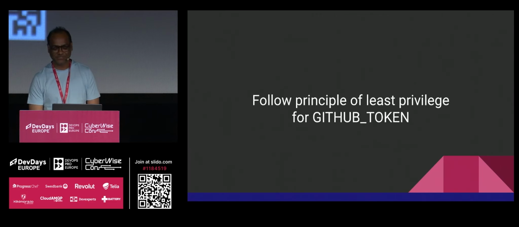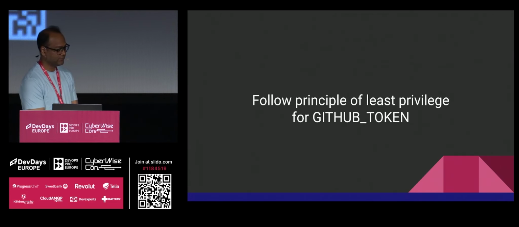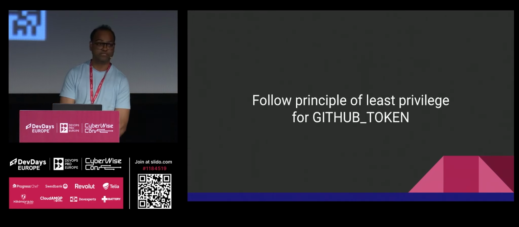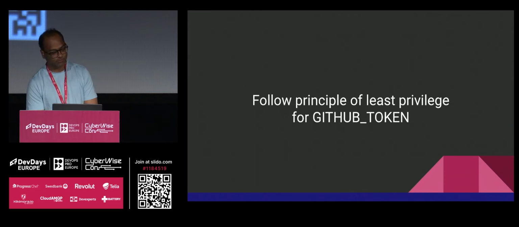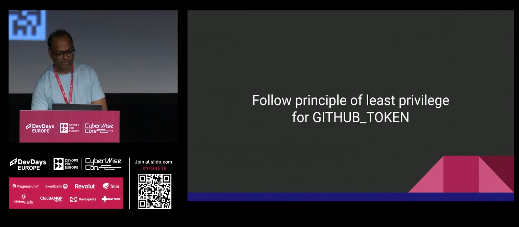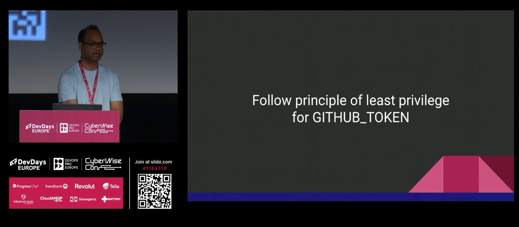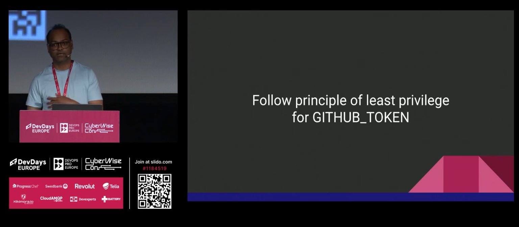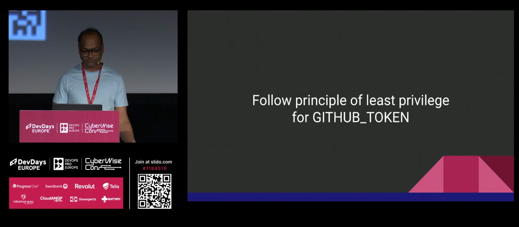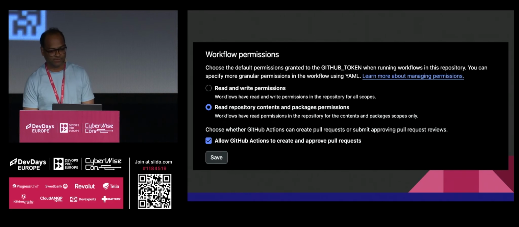So you should do that, and I will give you some hints on how you can get the idea of what privilege you should have. The GitHub token, as I said, is the most powerful token in the entire GitHub universe, and it has privilege similar to admin. So it can do anything. It can delete your repository, create a new repository, create new issues, merge PRs, everything.